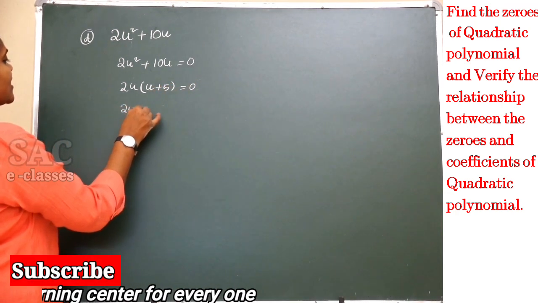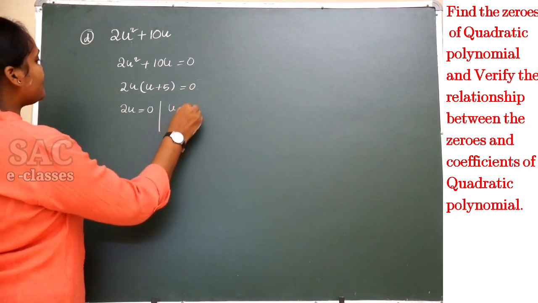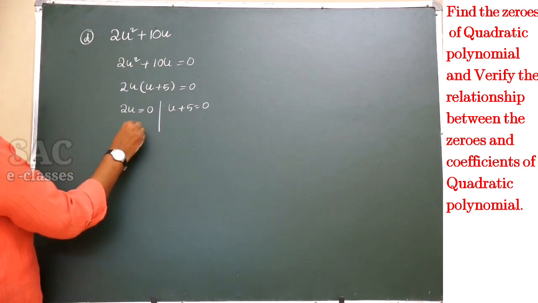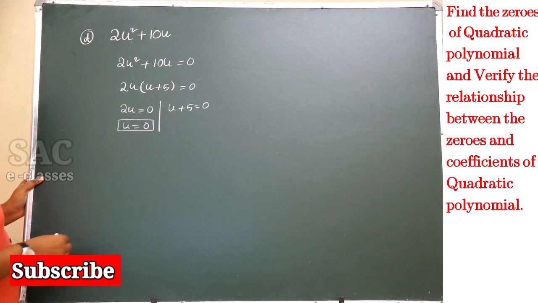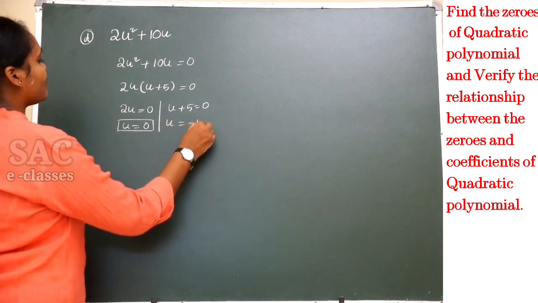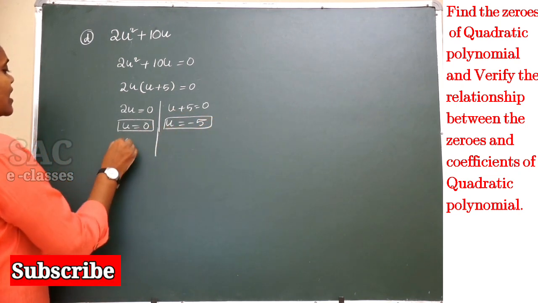Clearly the first factor will be equal to 0, as well as u plus 5 is also equal to 0. Then u equals 0 by 2, nothing but 0. 0 by a non-zero value always gives you 0. Then the u value is minus 5. The first one we can take as alpha.